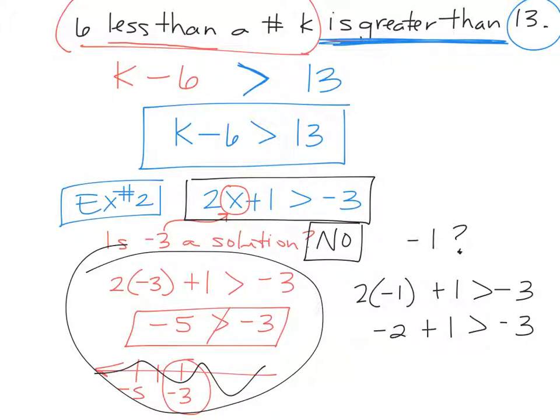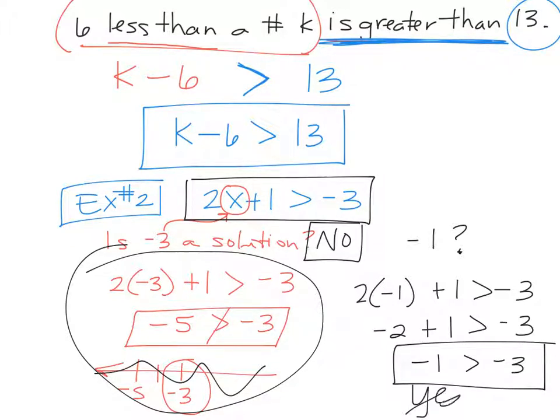What's negative 2 plus 1? Negative 1. Is negative 1 greater than negative 3? Yes. So we would say yes, negative 1 is a solution. Okay, so it's just a matter of you plugging it in and simplifying and seeing if it's true. When they ask you, is it a solution, you're just checking, is this true? Okay? Questions on that?